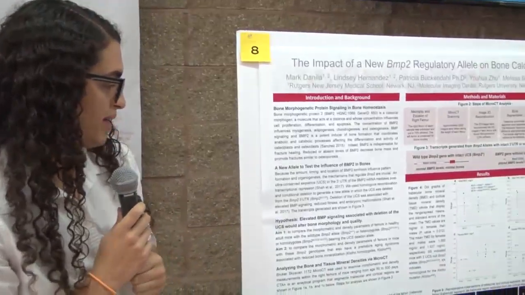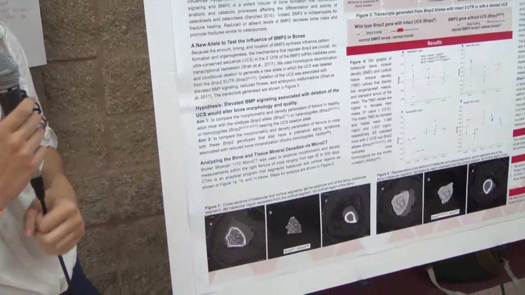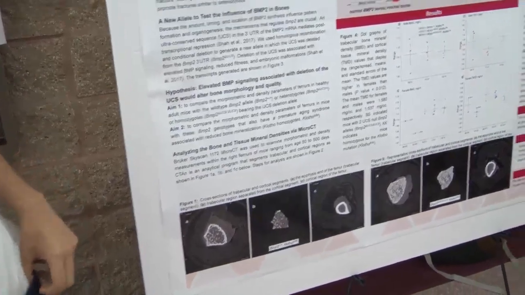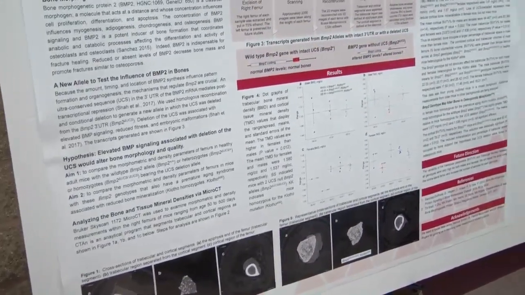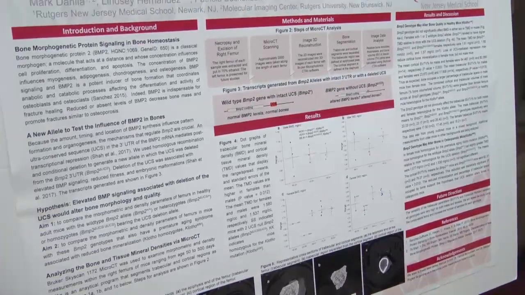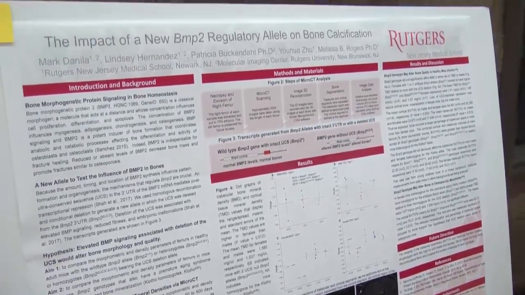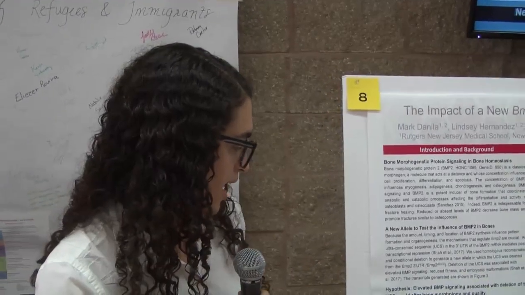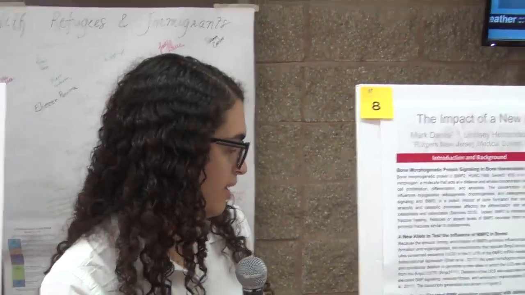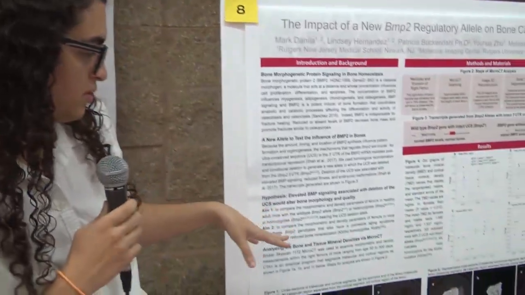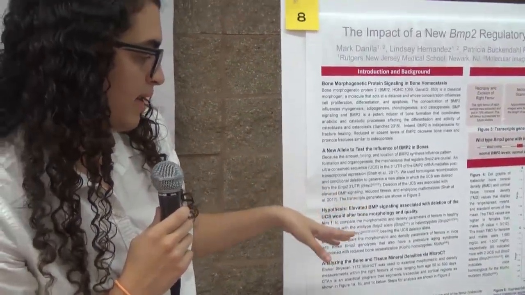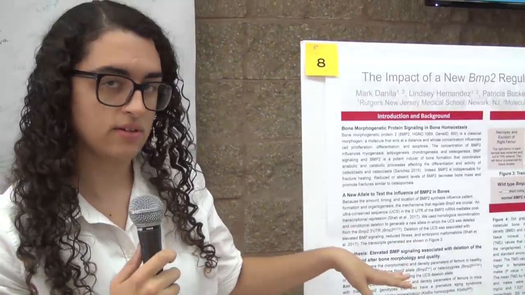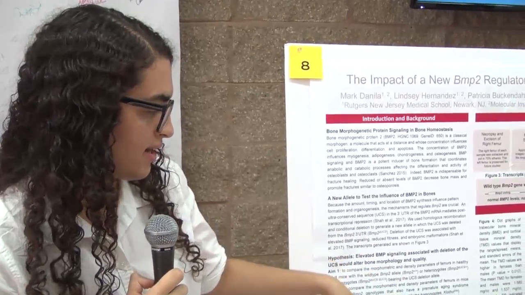Our first aim was to compare the morphometric density parameters of femurs in healthy adult mice with the wild-type BMP2 allele, or heterozygous or homozygotes with the ultra-conserved sequence deletion. And then our second aim was to compare that to mice with another homozygous knockout.